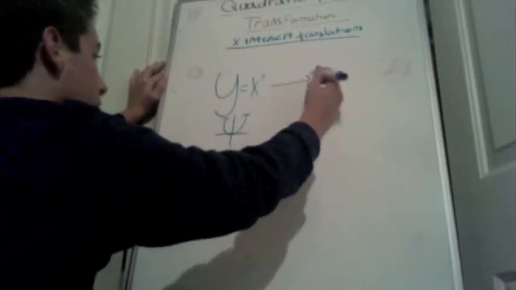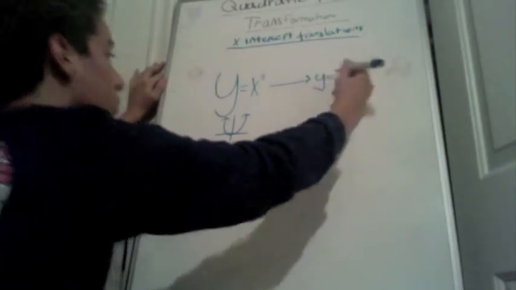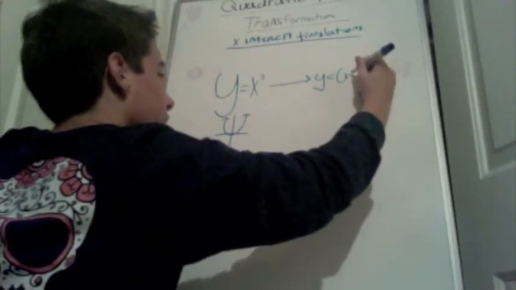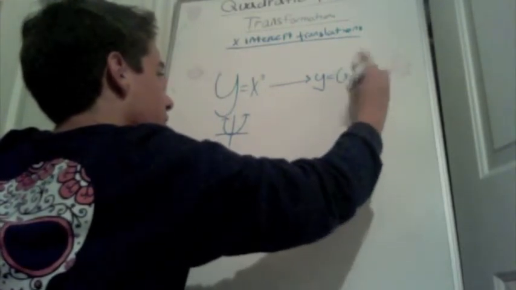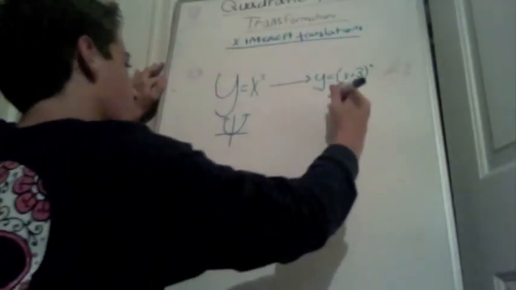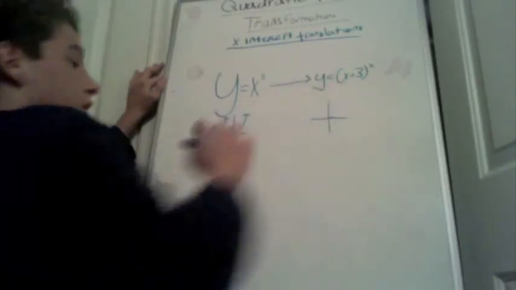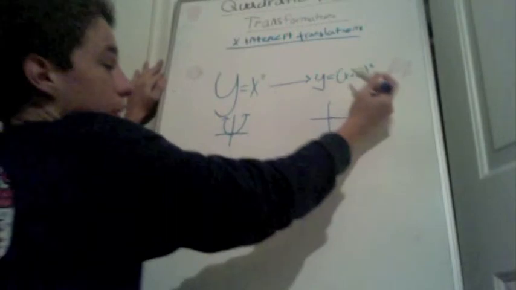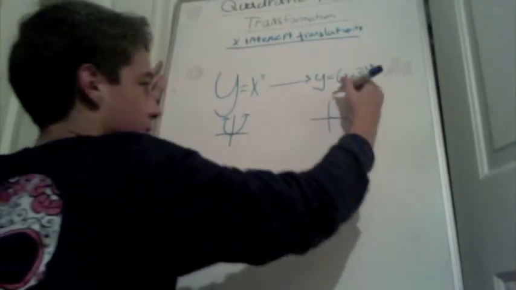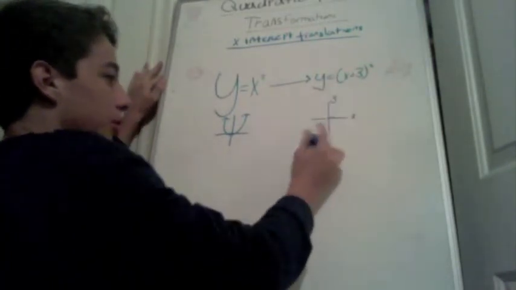Now let's say that we make the translation y equals parentheses x plus 3, squared. So, in the result, since this is going to be along the x-axis, we're going to be moving our vertex along the x-axis.